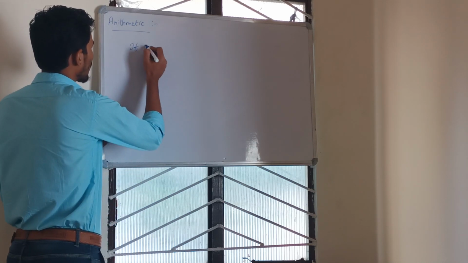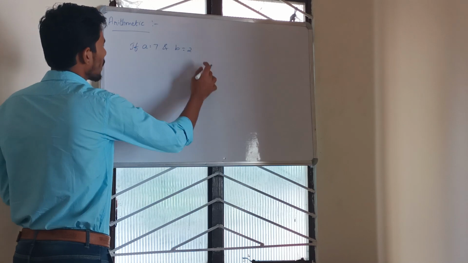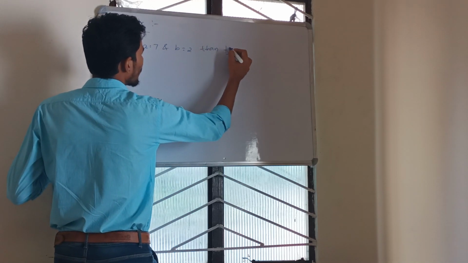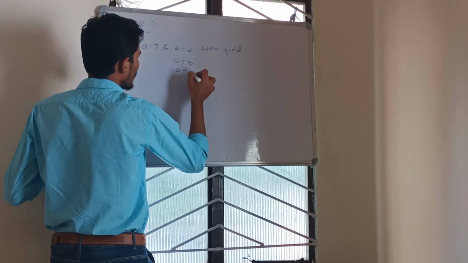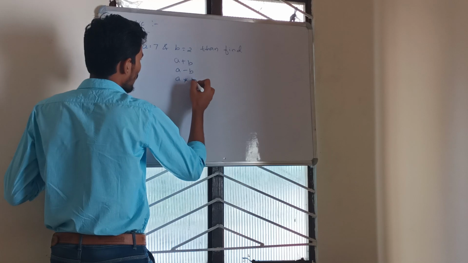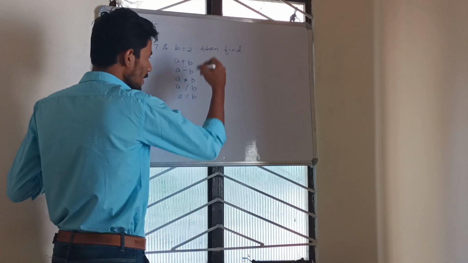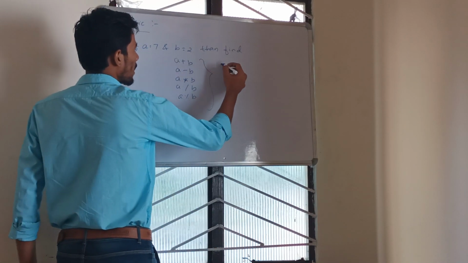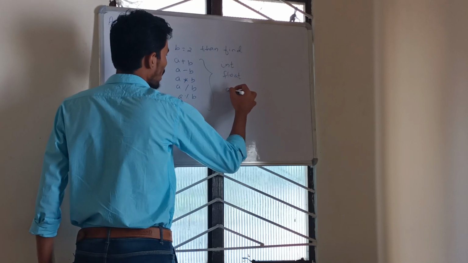Find A plus B, A minus B, A multiplied by B, A divided by B, A modulus B. Find this for all cases, for int, float and double also.